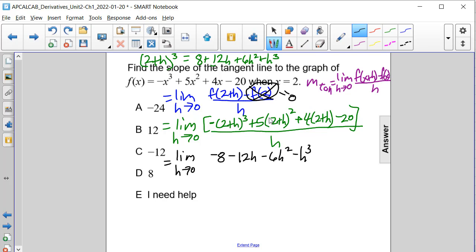And now if we look at 2 plus h squared, that's going to be equal to 4 plus 4h plus h squared.